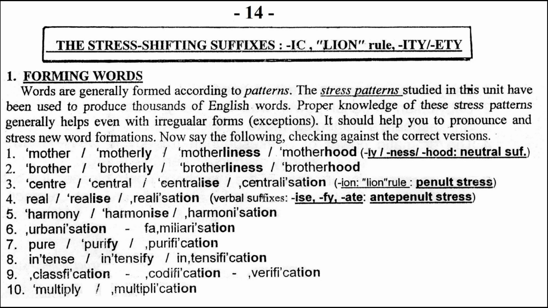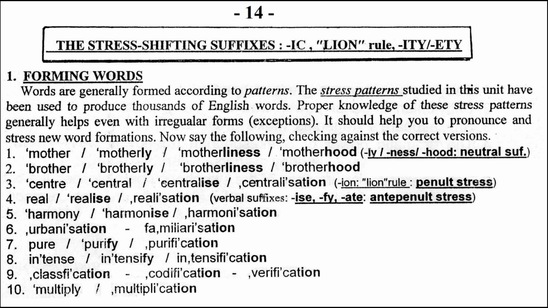Those suffixes, when they are in verbs, I said verbs, when they are in verbs, the stress in polysyllabic verbs will fall on the antepenult syllable. The antepenult syllable means third from the end. So the rule concerns the verbal eyes, the verbal phi, and the verbal ate.